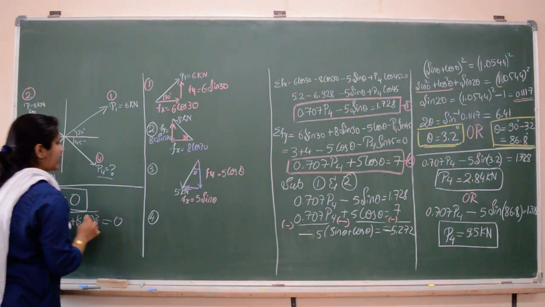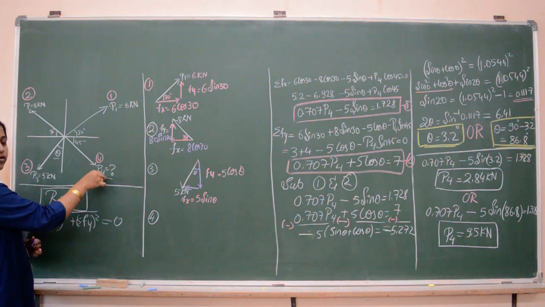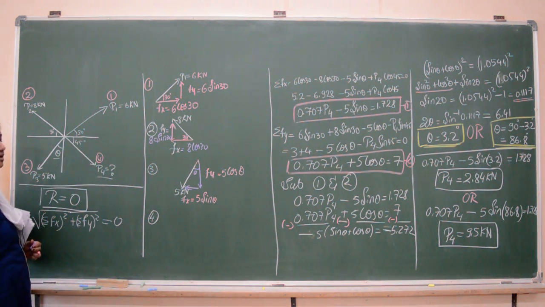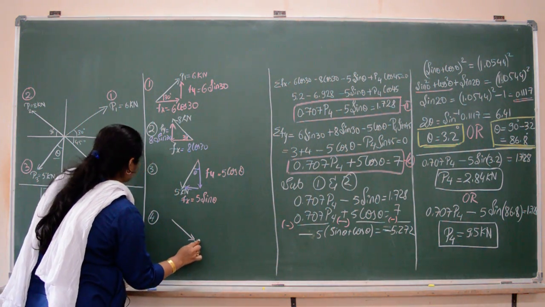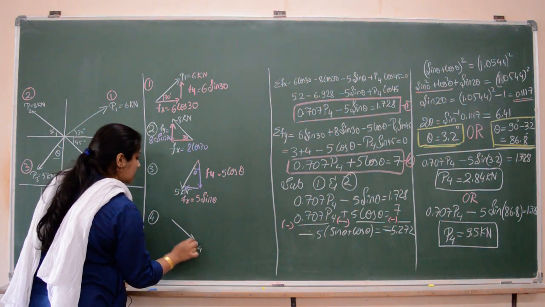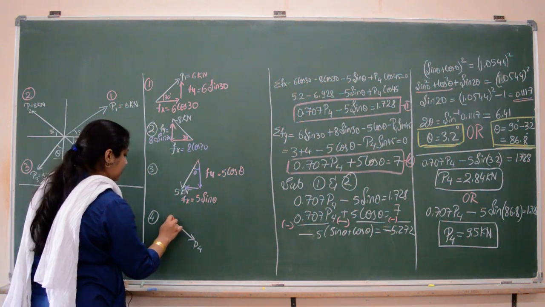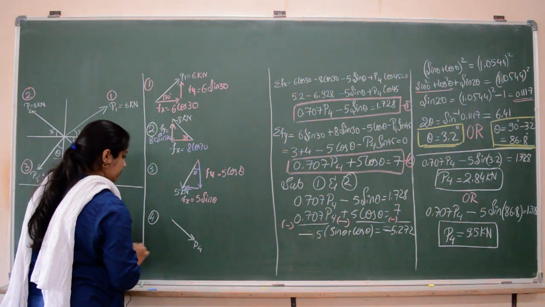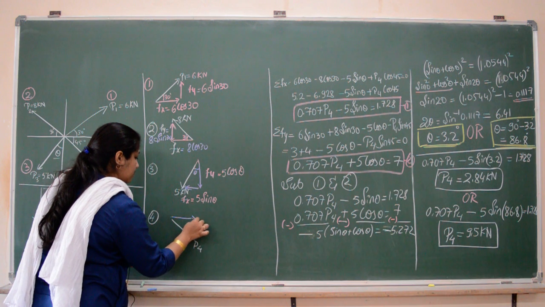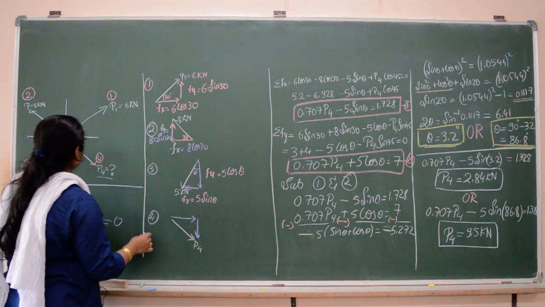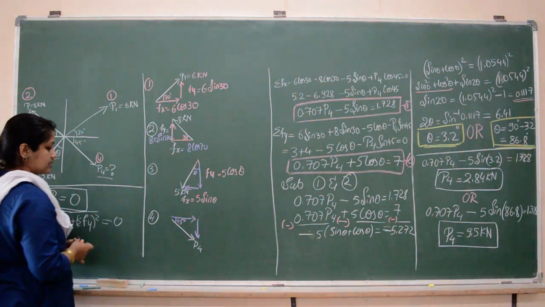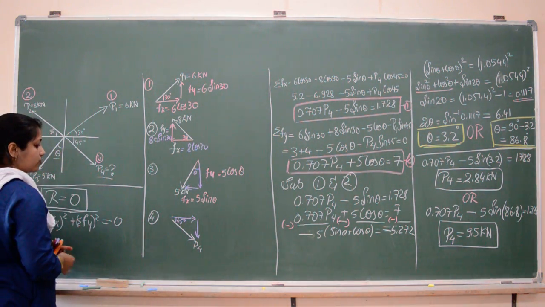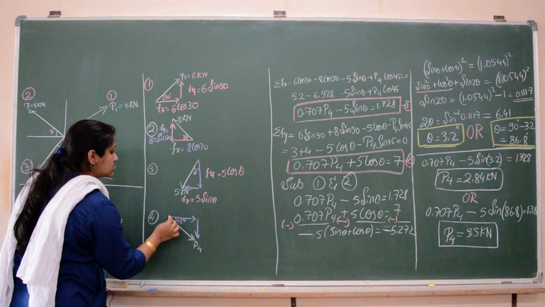And in the fourth one, I don't know the magnitude of the force, but I have been given the angle here. So just resolve whatever you know, take it into consideration, and the unknown will be kept as it is. So this is 45 degrees. I don't know P4, so I'll just write P4 as it is.